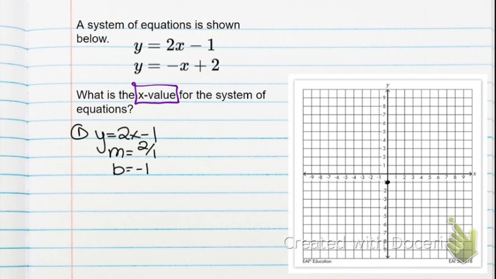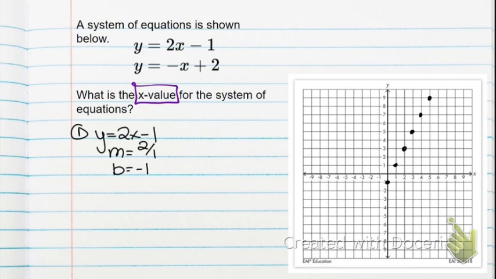Now from there, because it's a positive 2, I count 2 lines up, so 1, 2, and over 1. I'm going to do that until I run out of graph. So 2 lines up and to the right 1, 2 lines up to the right 1, 2 lines up to the right 1, until, like I said, I run out of graph. I'm out of graph now.